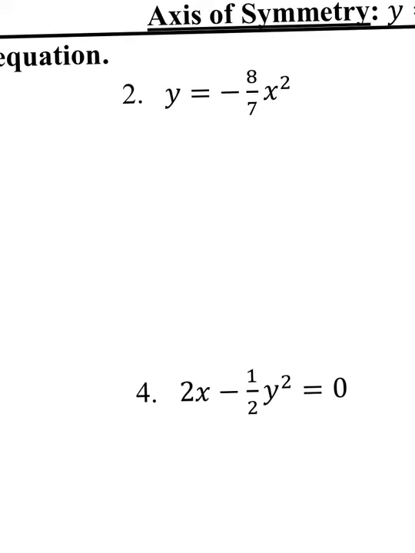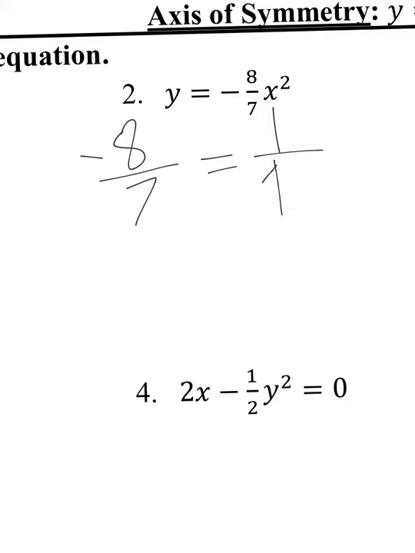So number 2, I'm going to take that number that's by the x squared, negative 8 over 7. You can just pair the negative with a number, it doesn't matter which one, whether you pick the 8 to be negative or the 7 to be negative. But usually when there's a fraction written, the negative's written on the side. So when you're going to cross multiply and divide, just put it with one of the numbers. So I put the negative with the 8.